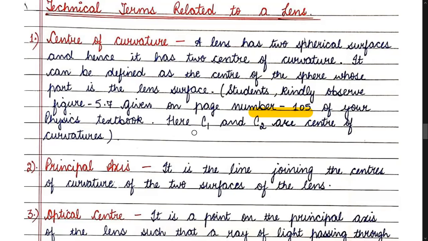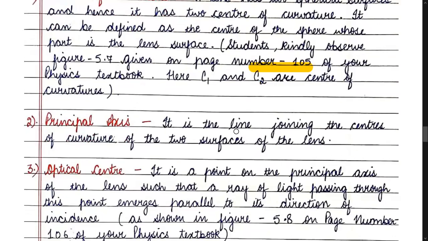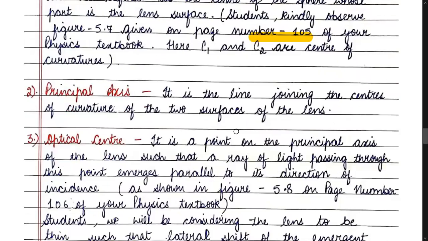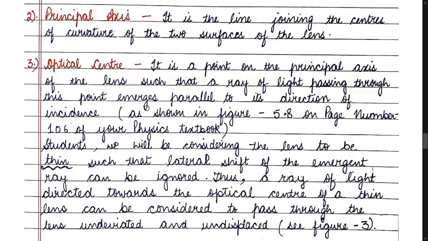Here you can see C1 and C2 are two centers of curvature taken in case of both concave as well as convex lens. Now students, coming to the second term, that is a principal axis.